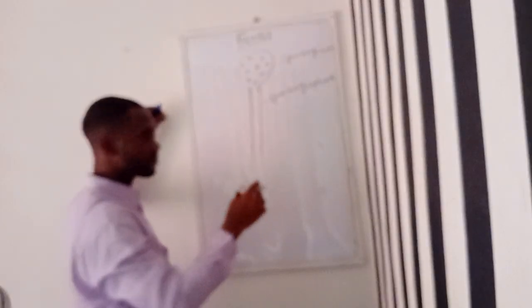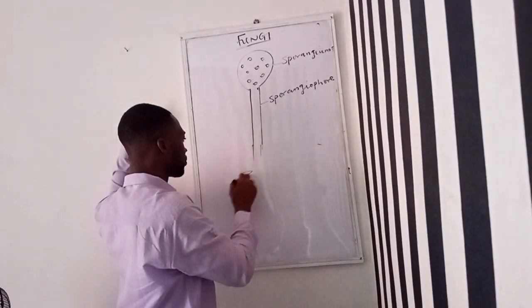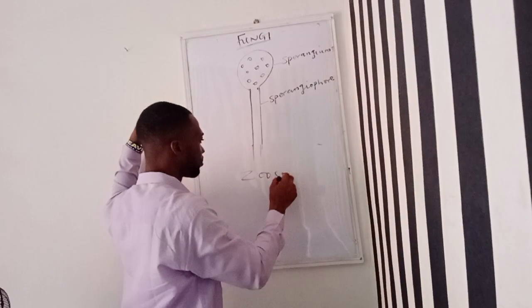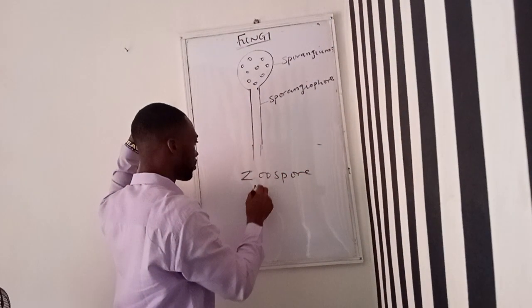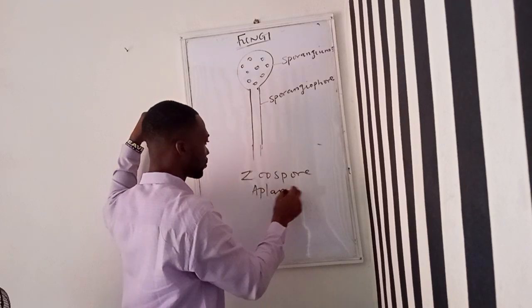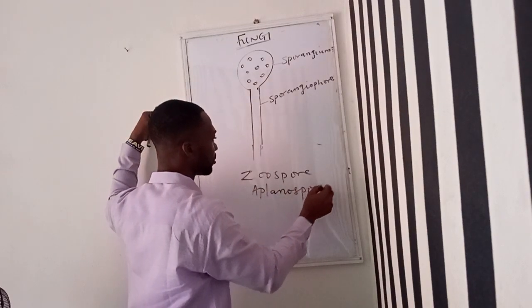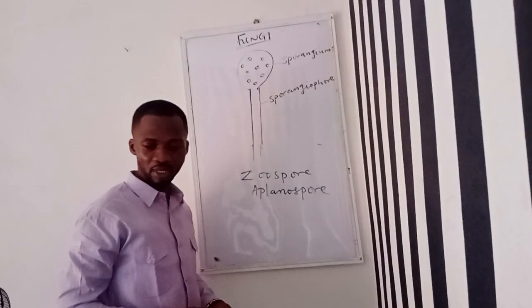Inside this sporangium, we'll have two different types of spores: zoospore and aplanospore. The zoospores are those that are motile.